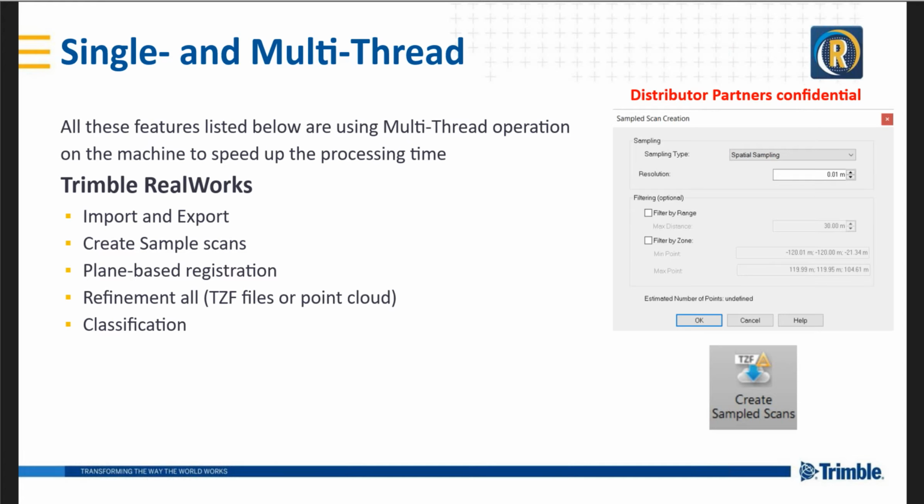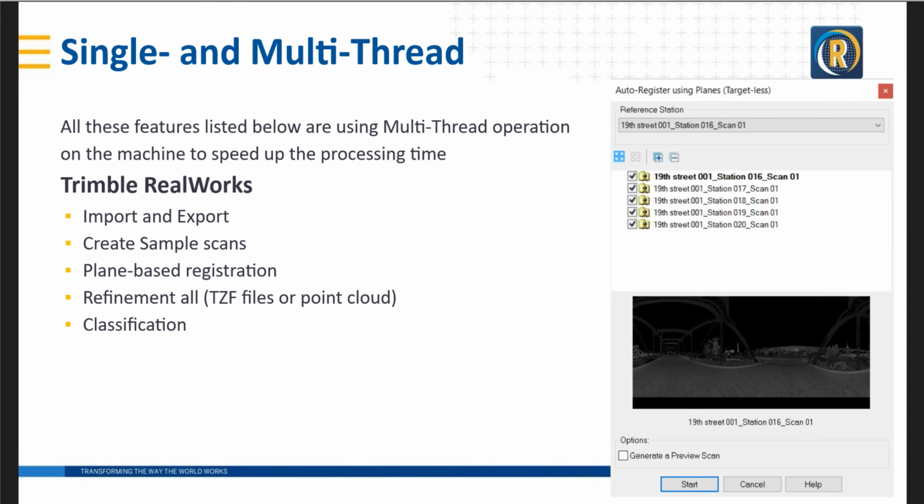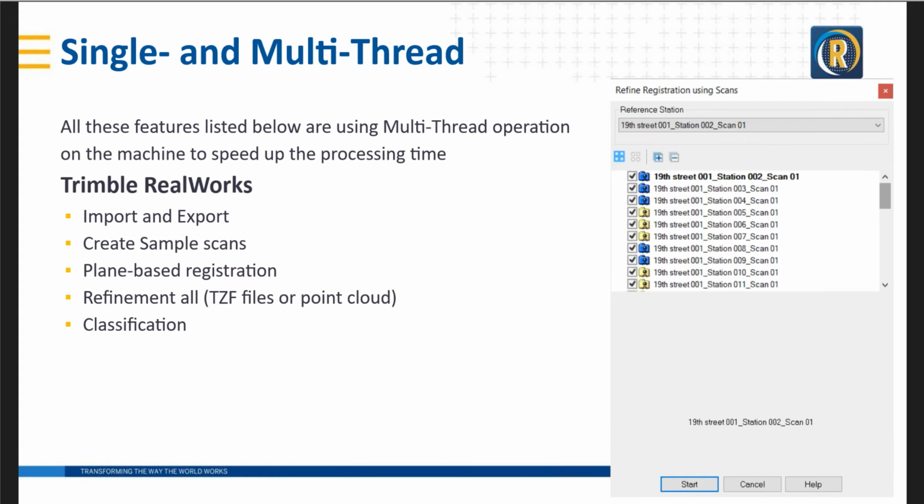The plane-based registration, as I mentioned before in TBC, is also supporting multi-thread in RealWorks, and the refinement for either the TCF files or the point clouds is supporting the operation, and the classification as well.